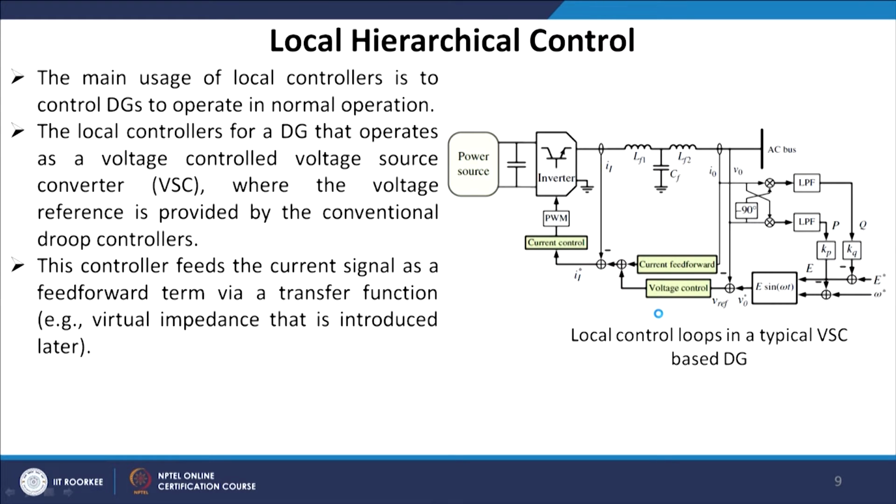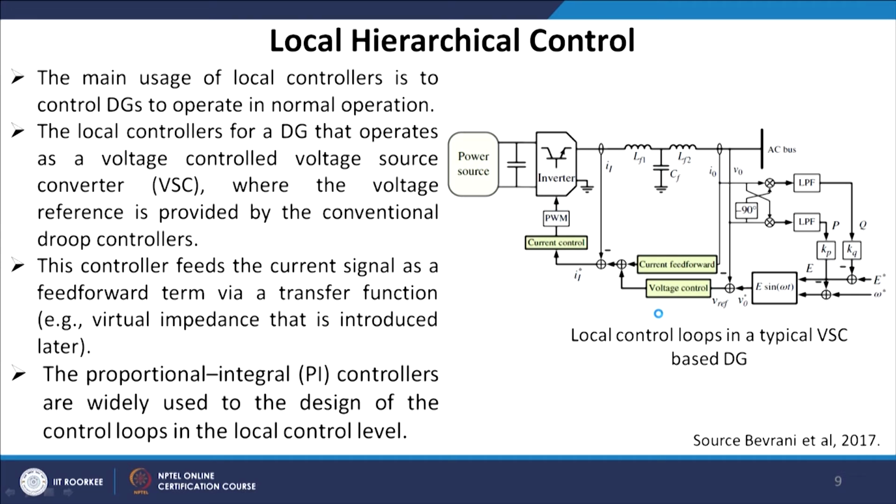This controller feeds the current signal as a feed forward term via a transfer function, that is virtual impedance, which will be introduced later in this course. The proportional integral PI controllers are widely used in the design of the control loops at the local control level.